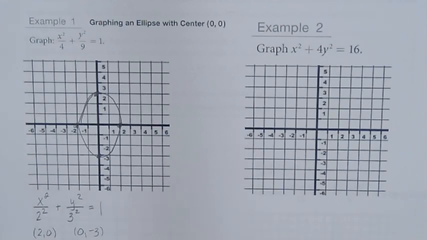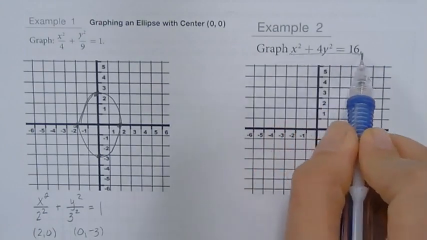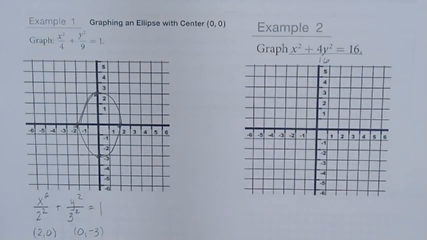Now our second one here, we're not in standard form right now because it's equal to 16. So what I need to do is divide everything by 16. And then let's go ahead and simplify this stuff and turn it into squared.